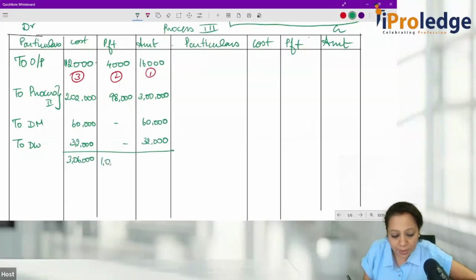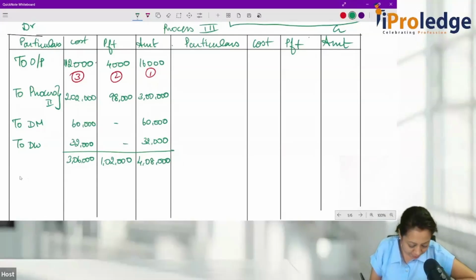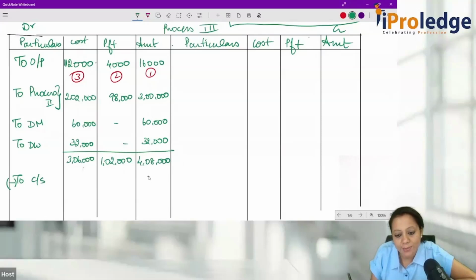1 lakh 2,000. So we should be getting 4 lakh 8,000. Now we will proceed to closing, that is, we will be subtracting. So we can just say minus closing. The closing amount given in the question is going to be 8,000.